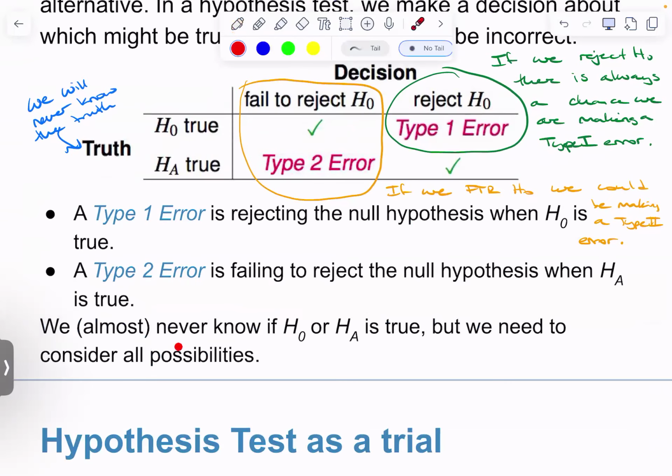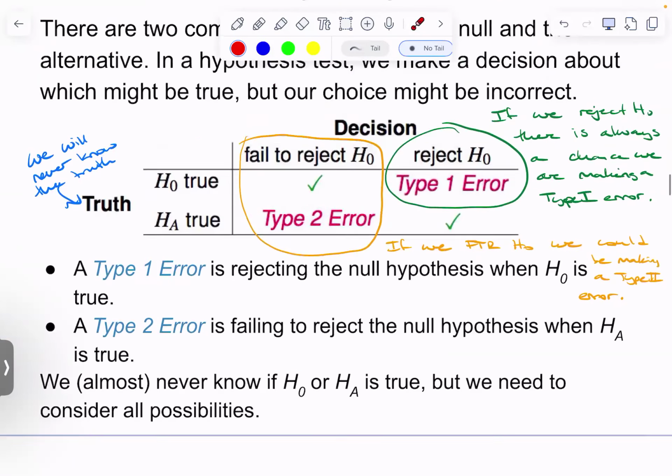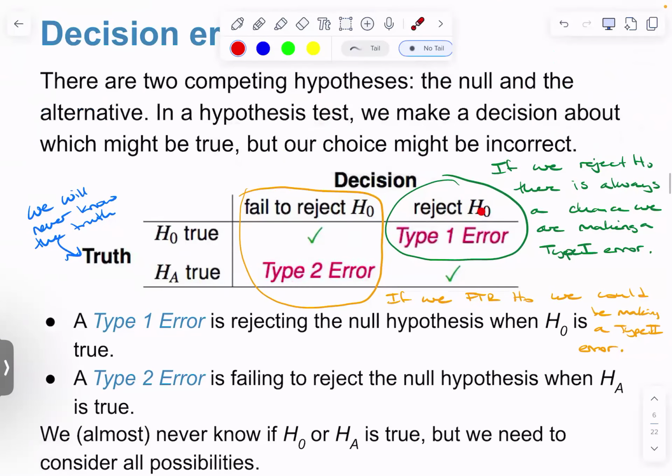Like I said, we almost never know which one is true, the null hypothesis or the alternative, right? But we need to consider all the possibilities. But as long as you remember, okay, if I reject H naught, then I could be making a type 1 error. And then you remember, okay, then the opposite must be a type 2 error, right?